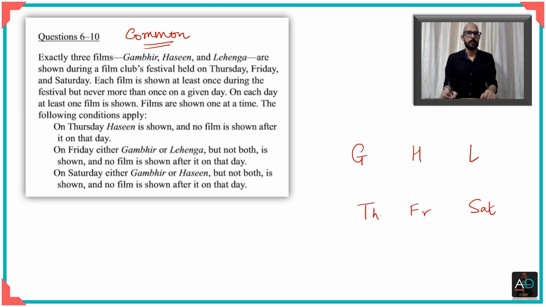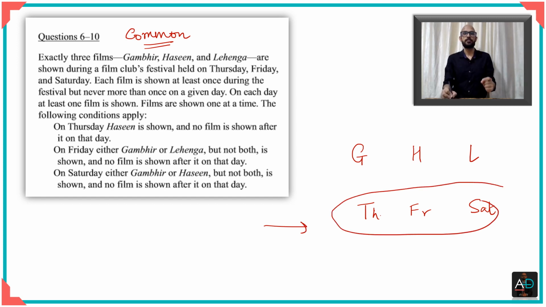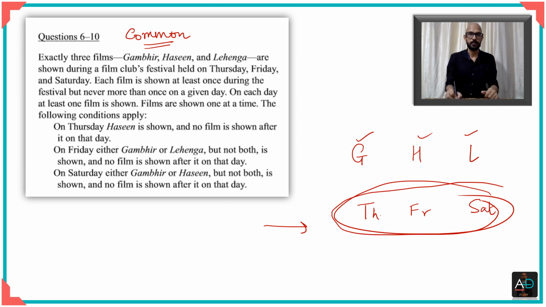Okay. It says that each film is shown at least once during the festival, which means that during these 3 days, each of the films is shown at least once, which means that in these 3 days, definitely at least once you've seen each of these 3 movies.